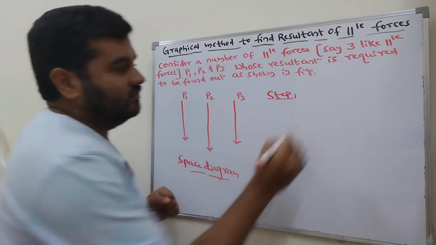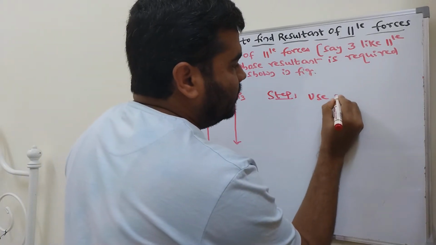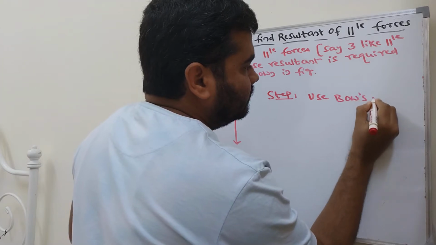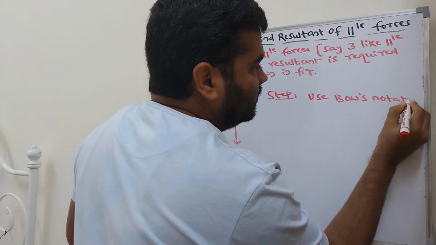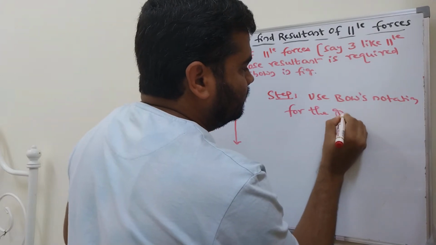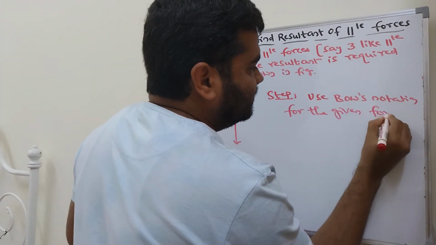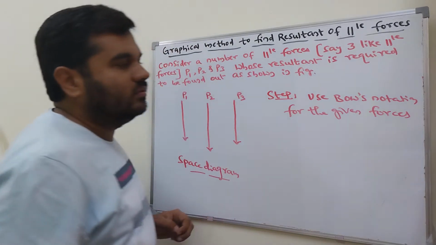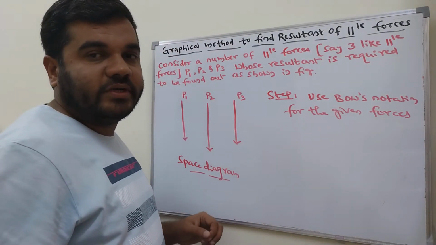So the first step is to use Bow's notation for the given forces. How to give the notation according to Bow's notation?